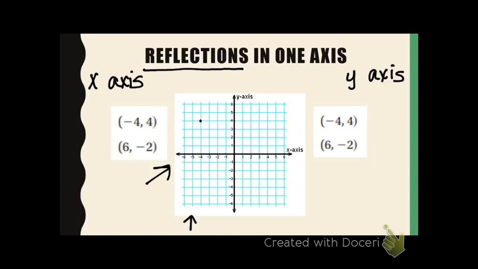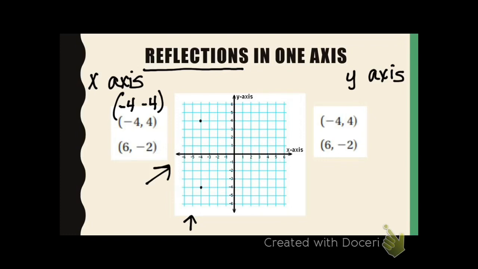Quadrant 3. And what am I going to do? My x value stays the same. I change the sign in front of my y. So now I'm going to go to -4, and down to -4. If I folded my paper in half, would those match up? They would. I made a reflection in the x-axis.